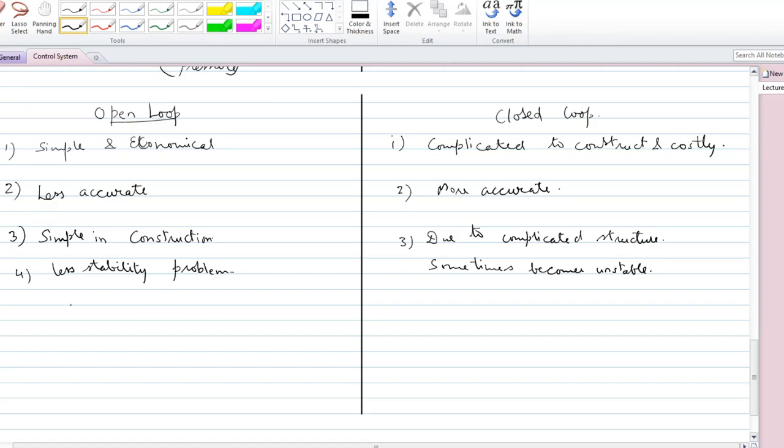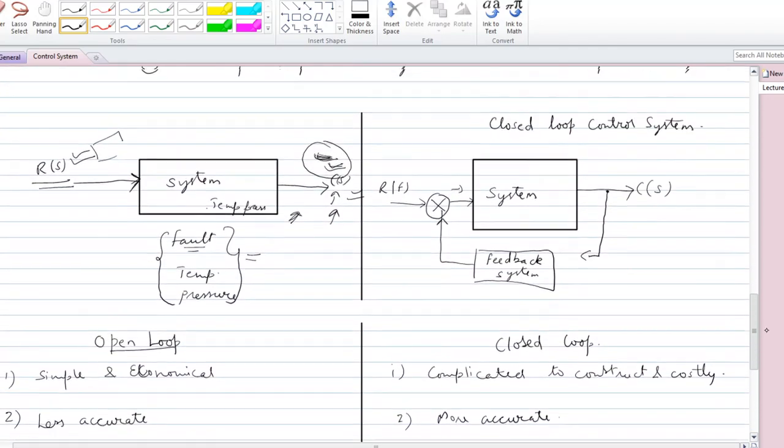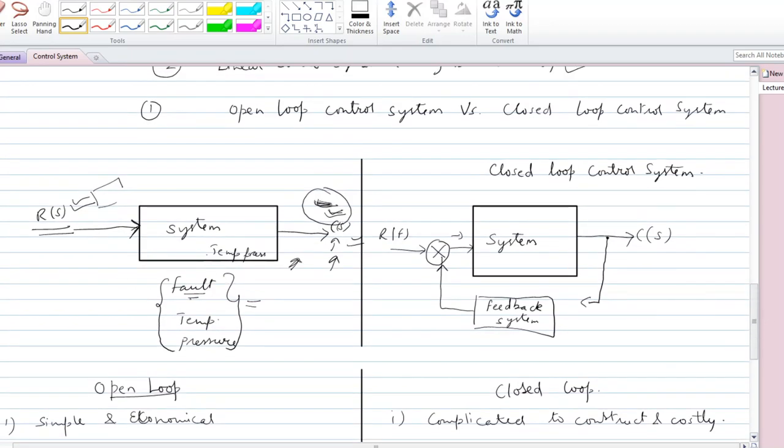Now fifth, these are more sensitive to the external parameter change, such as in this previous case that we just saw here, that is, some fault occurs there, some temperature or pressure changes there.